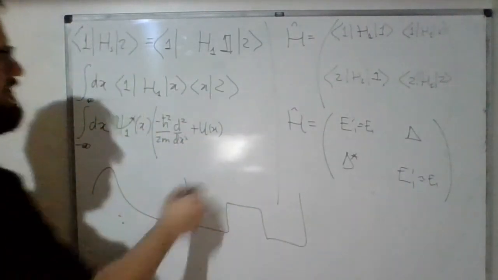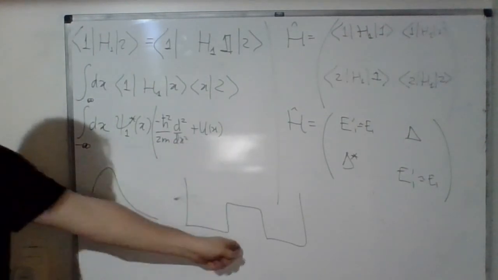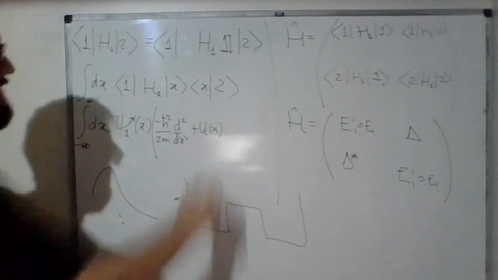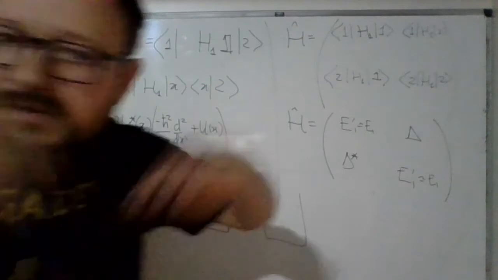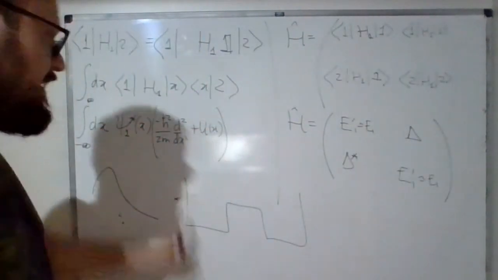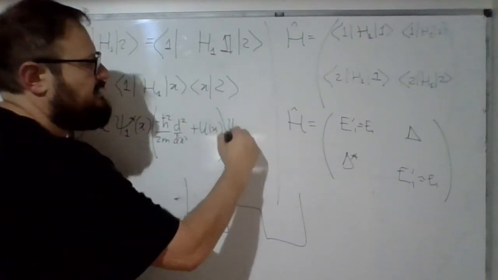This is the U profile. It looks like this. And in another problem, it will look like whatever it is, all right? And this is just the function psi2.